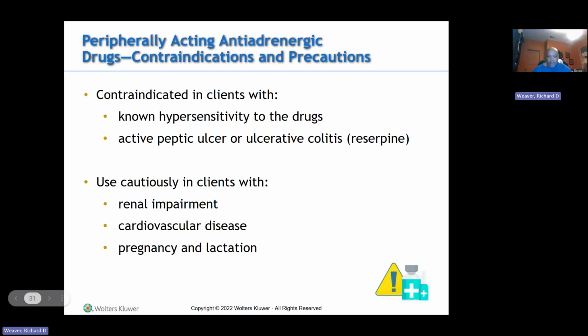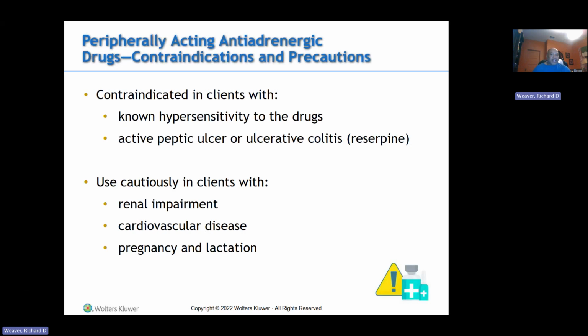All right. Now, Reserpine works by depleting catecholamines, such as your norepi, from the nerve endings. It stops the catecholamine from being released, right?